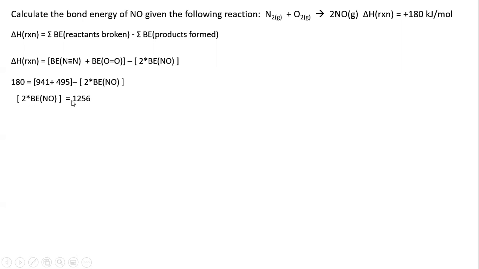We rearrange it, combine, we get 2 times the bond enthalpy of NO is 1256. And you see that the bond energy of NO is 628. So again, when a reaction is endothermic, it tells you the bonds of the reactants are more stable than the bonds of the products.